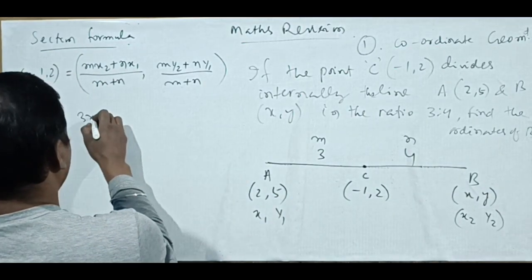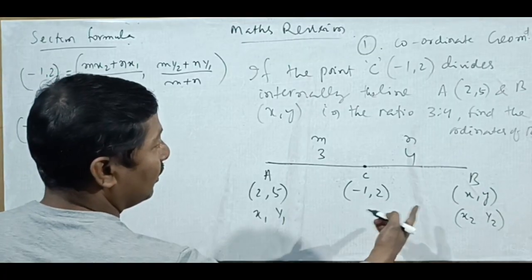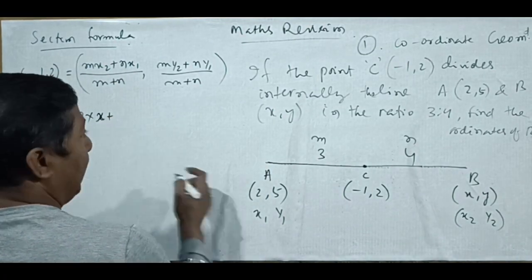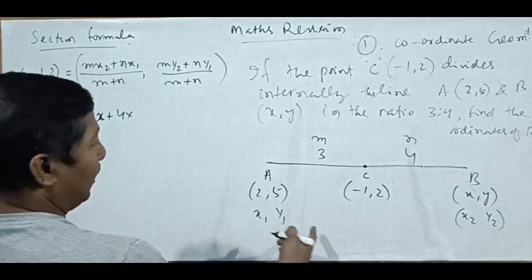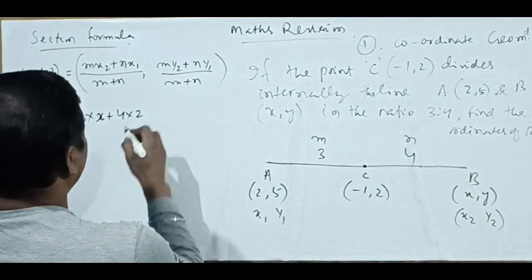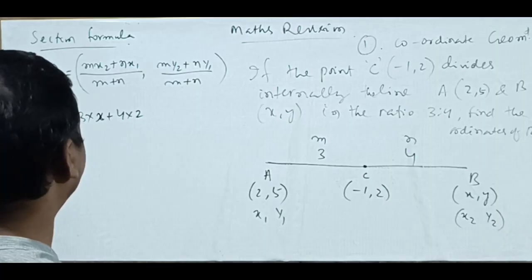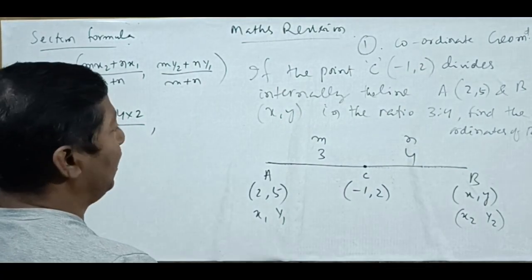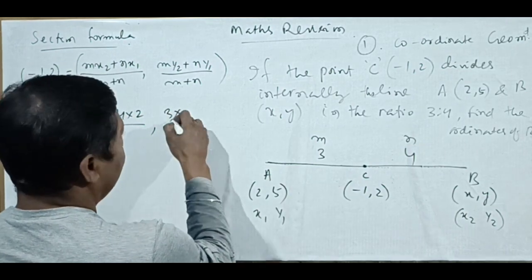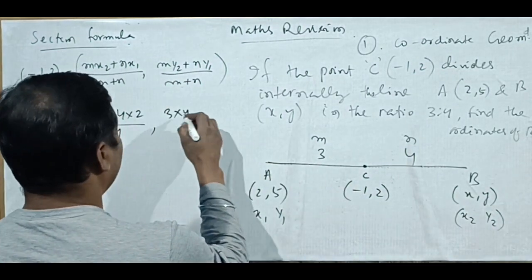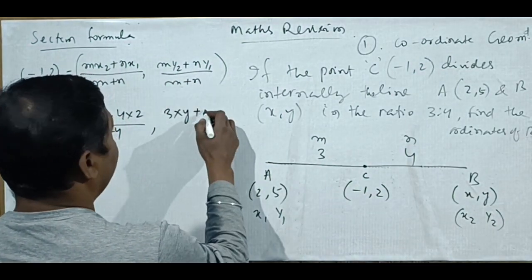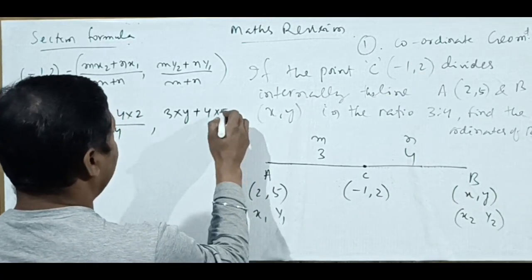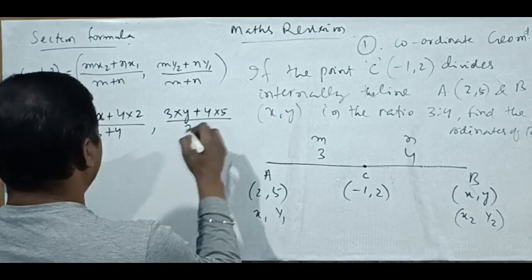So mx2, what is m? 3. 3 into x2. x2 is x, plus nx1. n is 4, x1 is 2, by m plus n, 3 plus 4. This is my2. m is 3, y2 is y itself, which we have to calculate. n is 4, y1 is 5, by 3 plus 4.